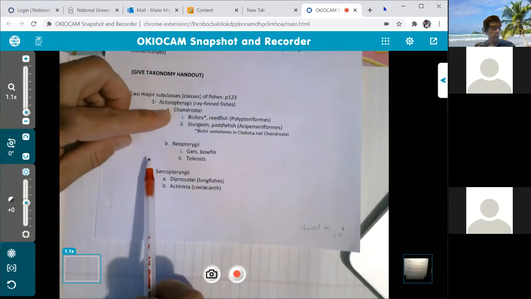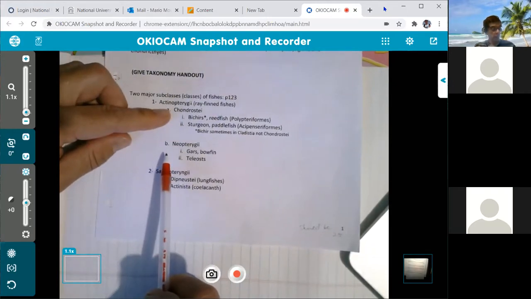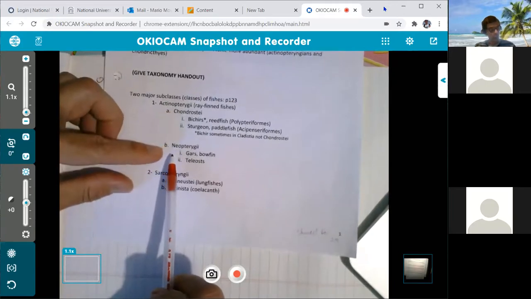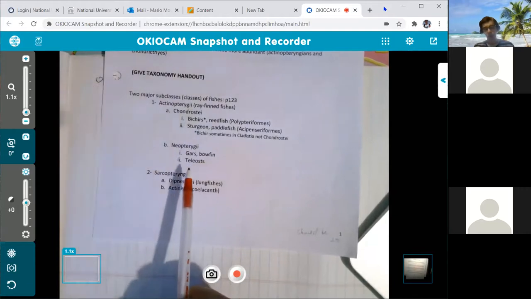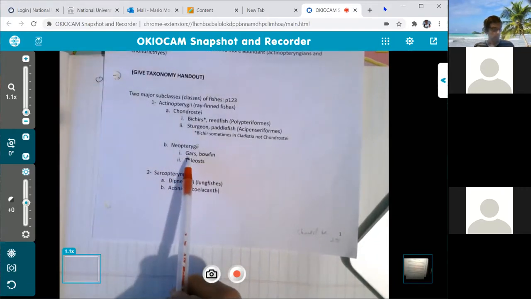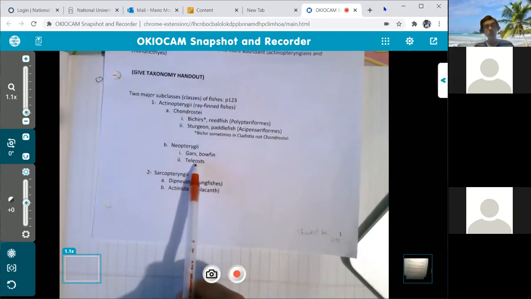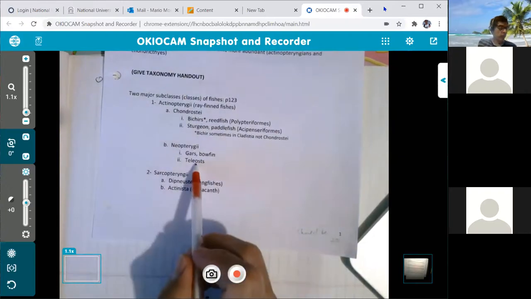So the Chondrostei are the older in terms of evolution, and the newer ones, you can tell by the word neo, are the more advanced modern ones: gars, bowfin, and then teleosts. If you think of a fish, most of the fish will be a teleost.